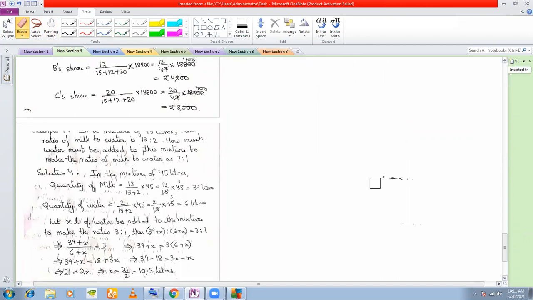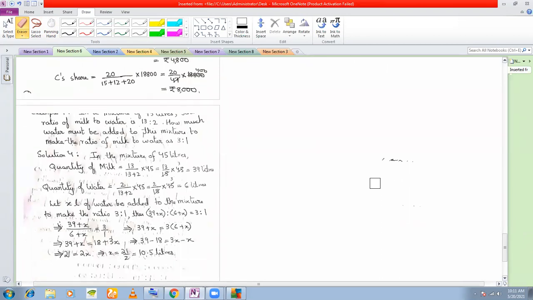Okay, in a mixture of 45 liters, the ratio of milk to water is 13:2. So what is the total quantity of mixture? 45 liters, right?